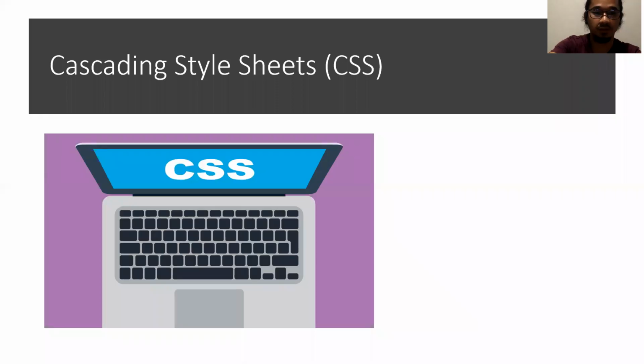CSS is short for cascading style sheet and is the primary language used to describe the look and formatting of web pages across the internet, and documents of markup in general.